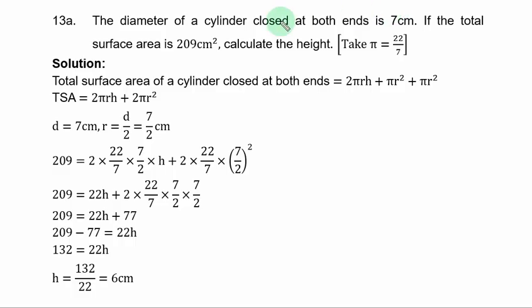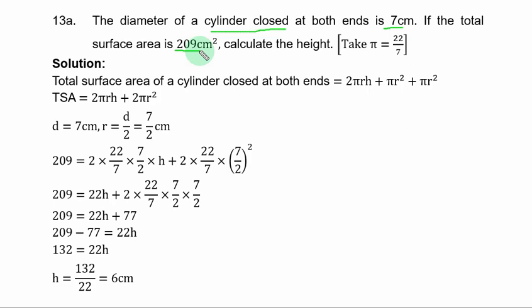Question 13a. The diameter of a cylinder closed at both ends is 7 cm. If the total surface area is 209 square centimeters, calculate the height. Solution.